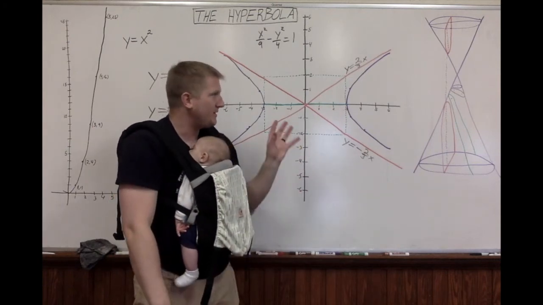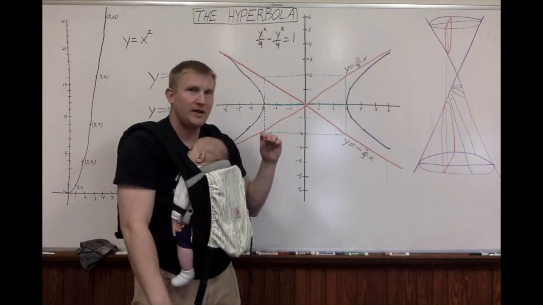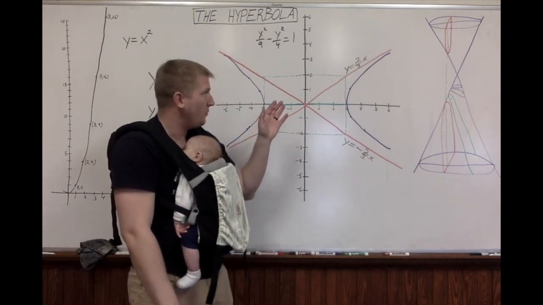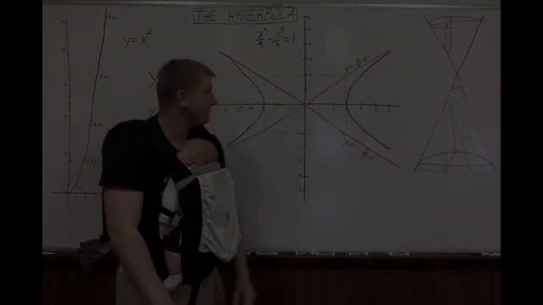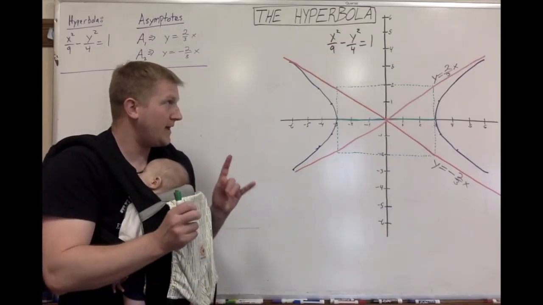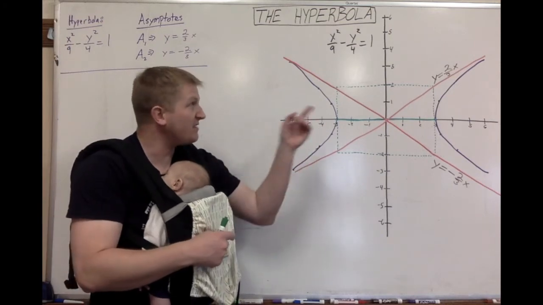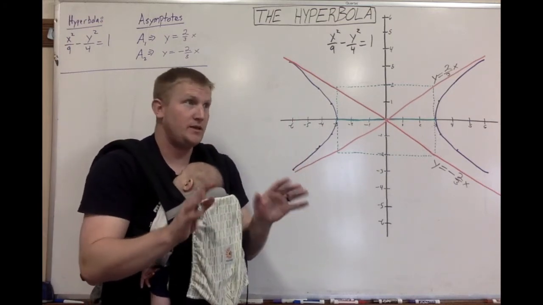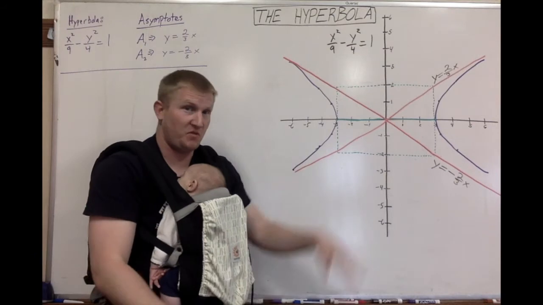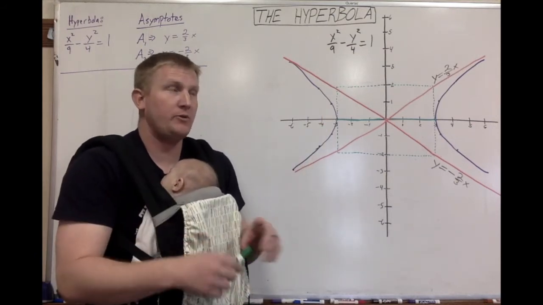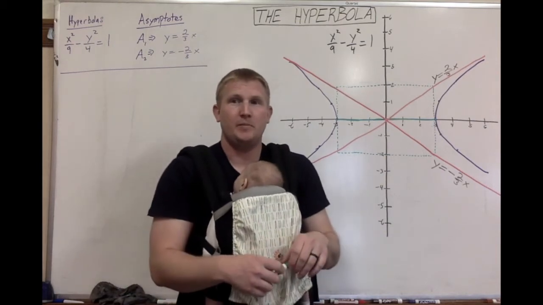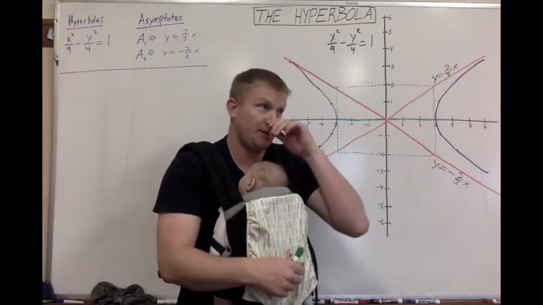So let's take a look at a short proof to demonstrate that this purple line and this red line will never meet. To prove that the hyperbola and the asymptote will not meet ever, for infinity, we're going to use the same kind of method that we used in a previous video called the reductio ad absurdum.